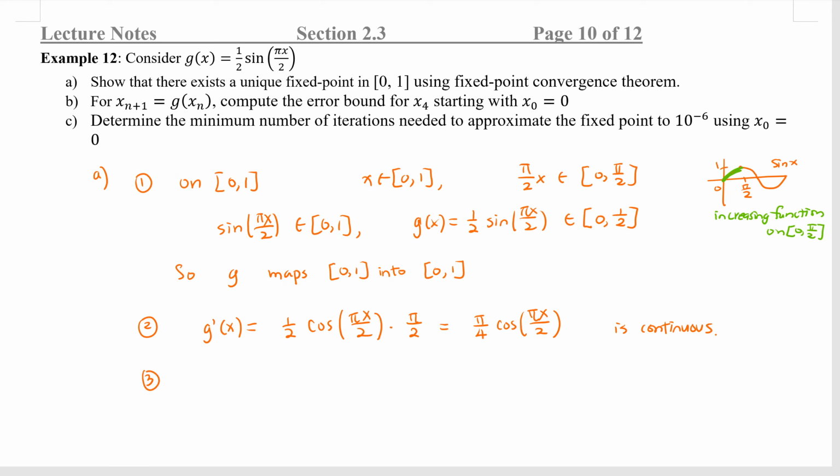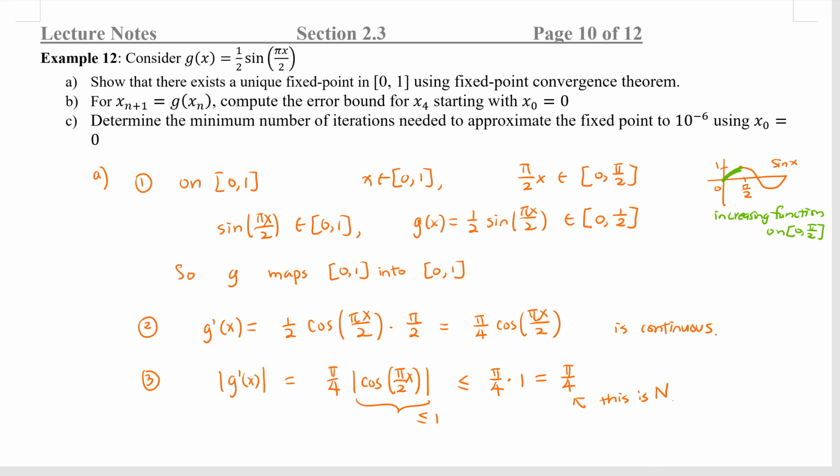And the third one, we want to show that the absolute value of g prime of x, well, this is pi over 4 times the absolute value of cosine of pi x over 2. Well, we want to show this guy is bounded by a number. What is that number? The absolute value of cosine is less than or equal to 1. Well, then this guy is less than or equal to pi over 4 times 1, which is pi over 4. This is our n.